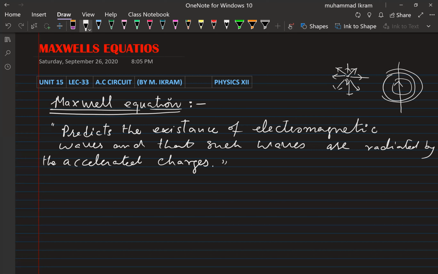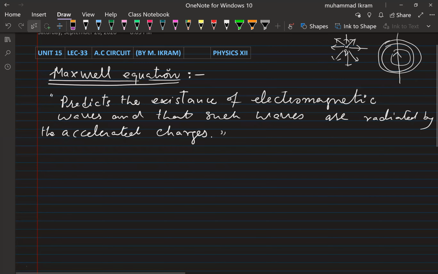This is what you have done in the previous chapter also. Now when the charges are accelerated either by magnitude or by direction, then electromagnetic waves are radiated in that vicinity. So this concept was explained by the Maxwell equation.